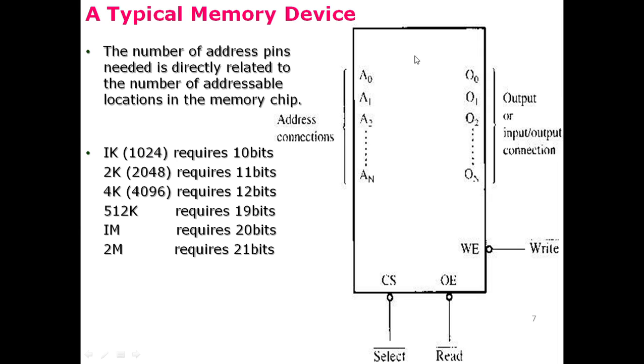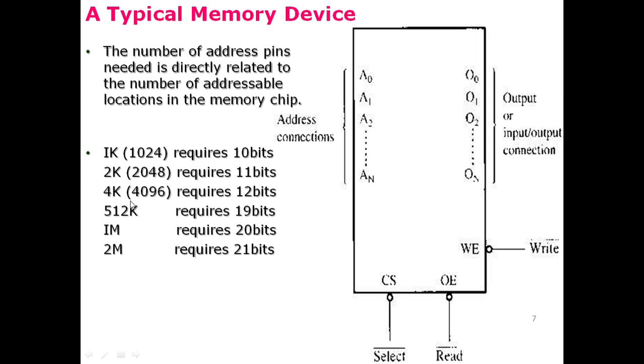So if this memory chip has 1024 memory locations, then the address pins would be 10 here, and those address pins would be A0 till A9. And if the memory locations are double that of 1 kilo, that would mean we have 2048 memory locations. And for that, to uniquely address them, we need 11 bits, and so on and so forth.